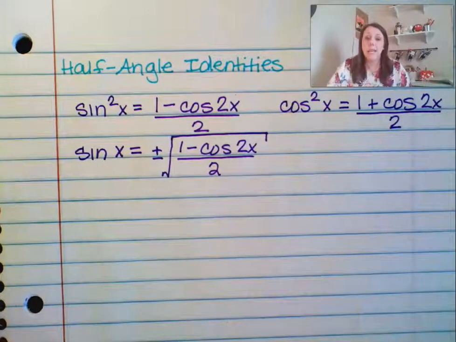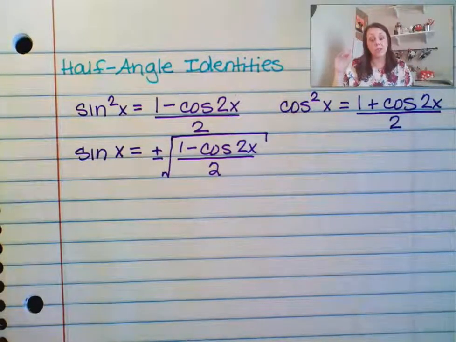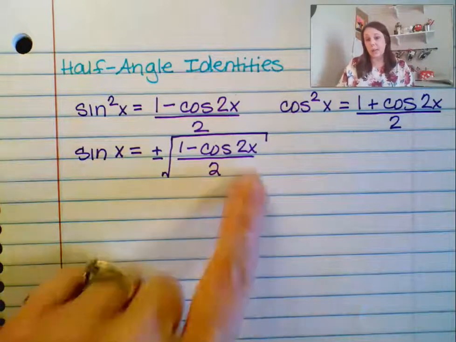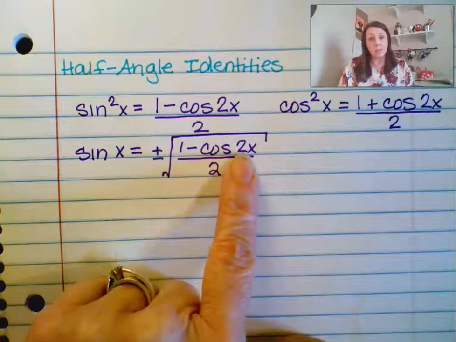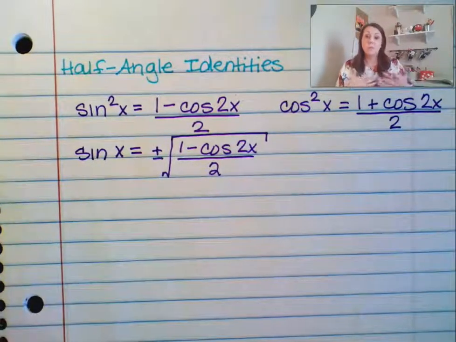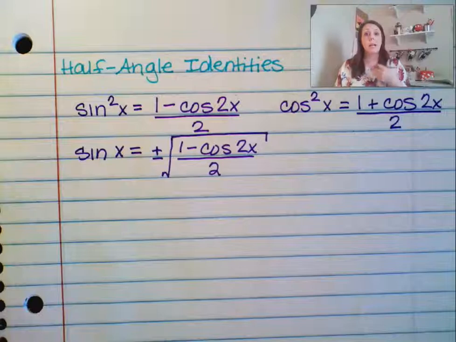Whereas if I'm taking an angle measure between 180 degrees and 360 degrees, or between pi and 2 pi, then I know that the sine of that angle has to be a negative result. In which case, when we substitute in x in this position, we have to remember to make the answer negative. So the plus or minus is saying the answer is either positive or it's negative. You have to decide which one's appropriate based on the angle measure that you're given.